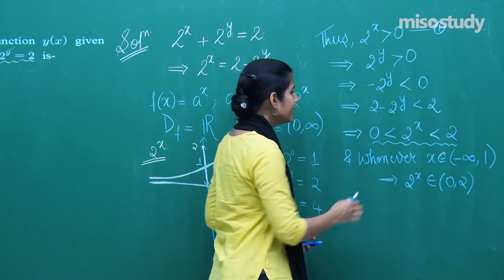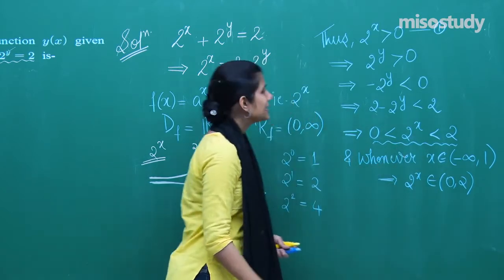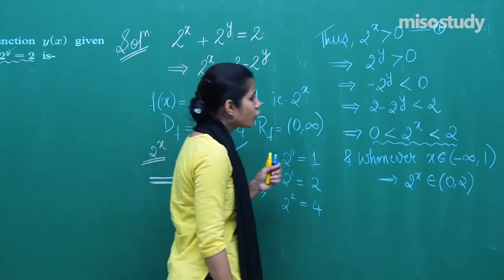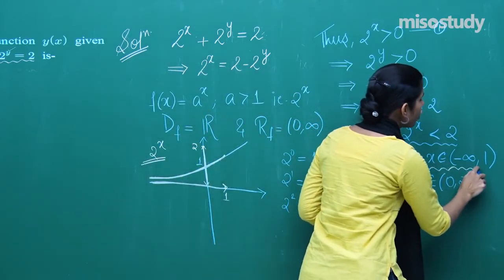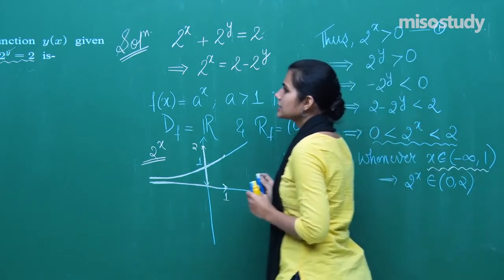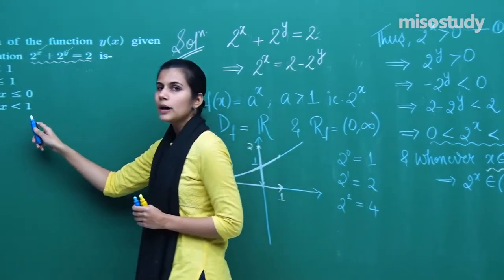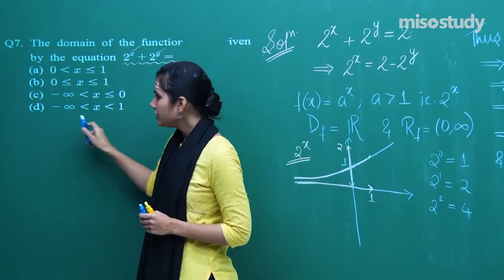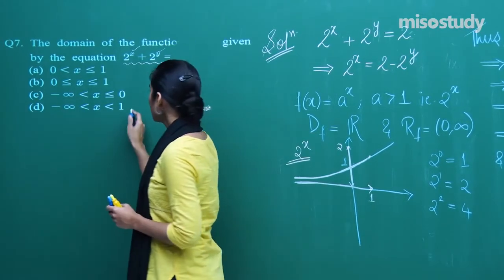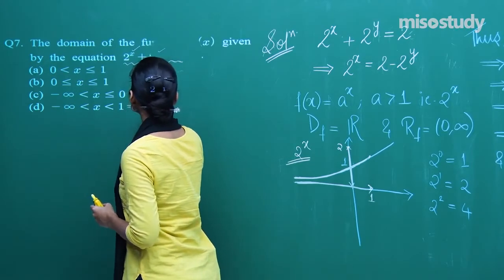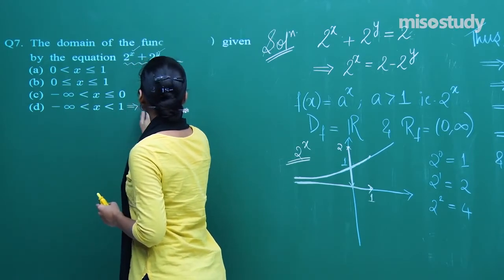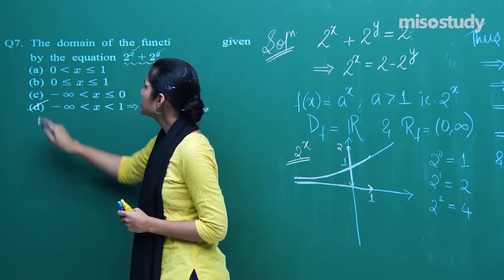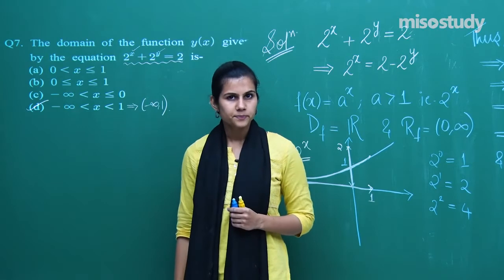And that is why 2 to the power x is equal to 2 minus 2 to the power y for only these values of x, and this is given in option number D, as you can see. x is greater than minus infinity, less than 1 is another way of writing the interval (minus infinity, 1), and therefore this is my correct answer.